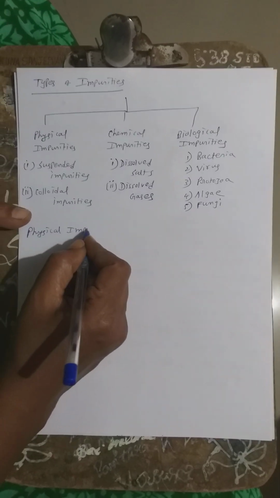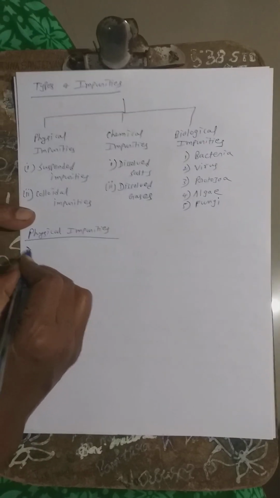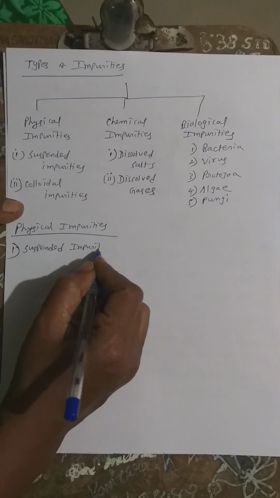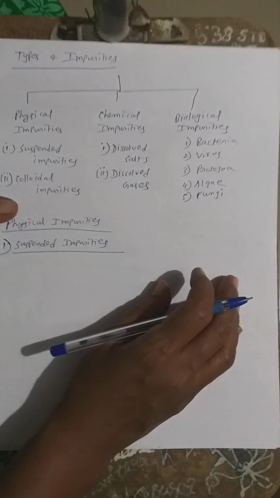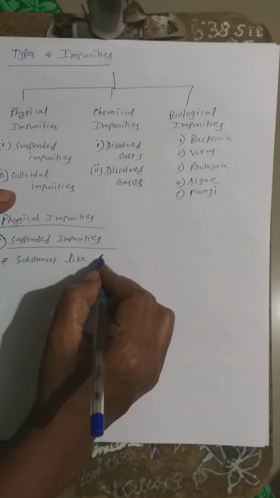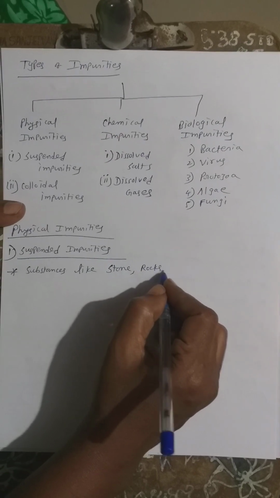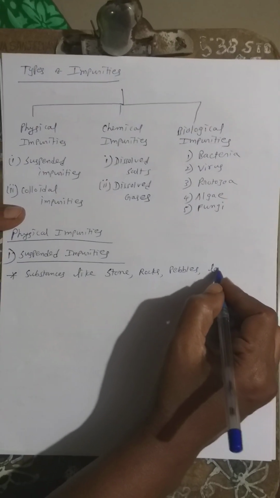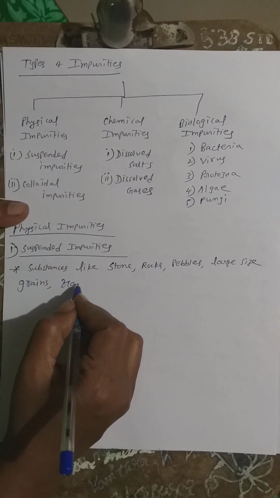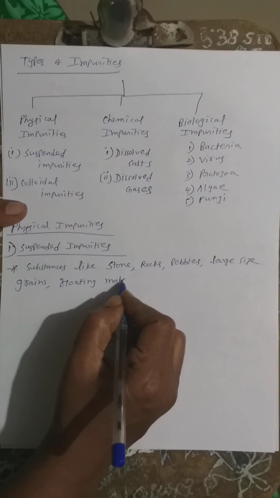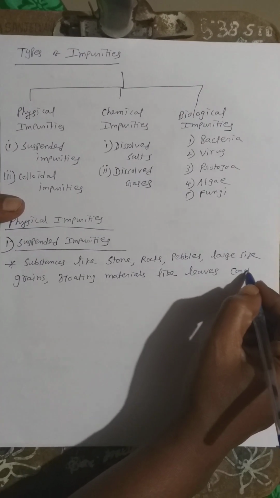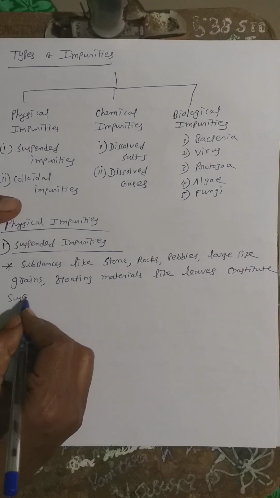Physical impurities. Under physical, one sort of impurities, suspended impurities. Substances like stone, rocks, pebbles, large size grains, floating materials like leaves constitute suspended impurities.